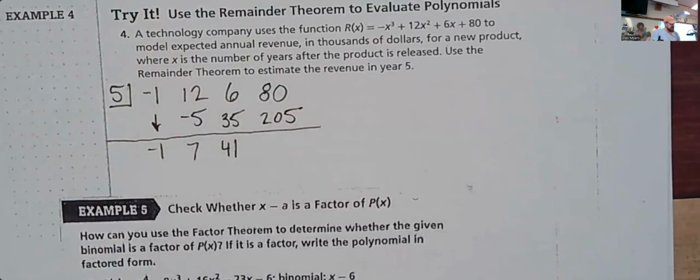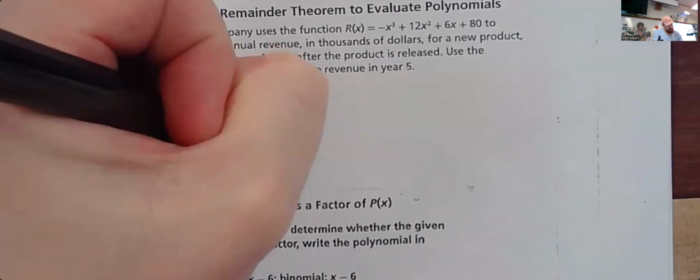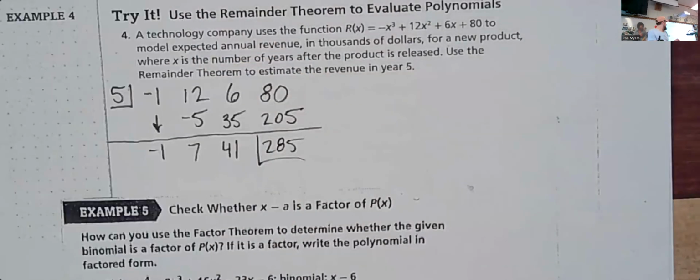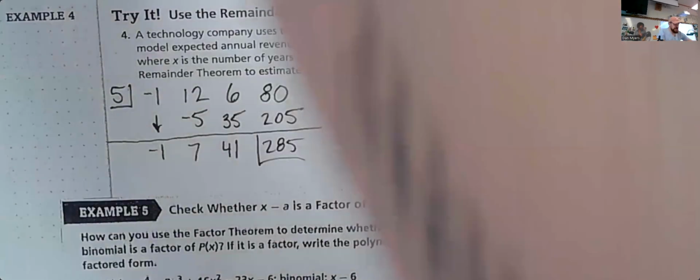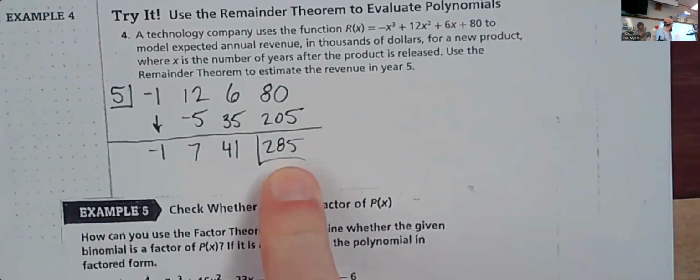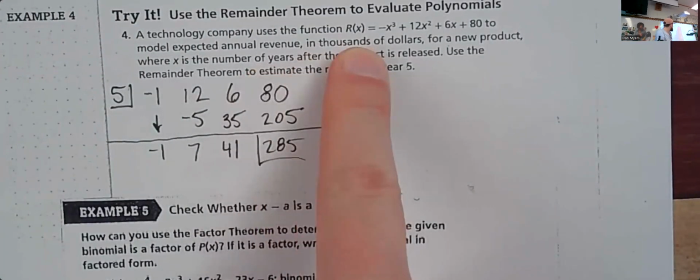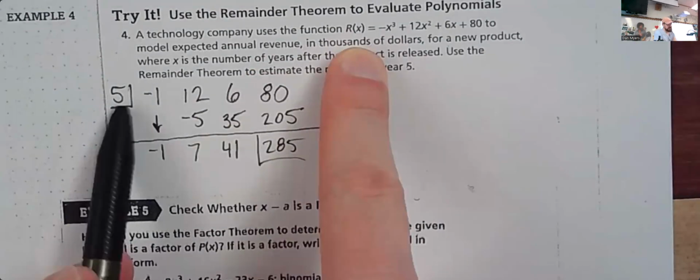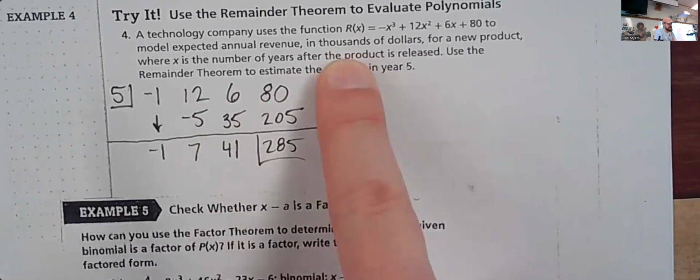Plus 80 is 285. So that right there is our remainder, which means that we have 285, and the annual revenue is in thousands of dollars. So after 5 years, we have 285 in thousands, so $285,000.